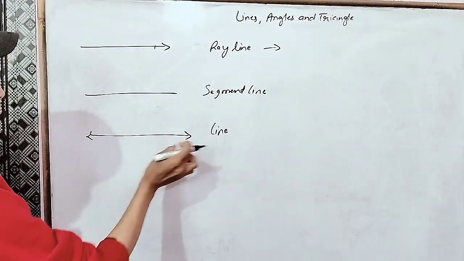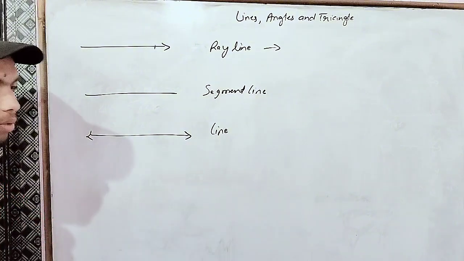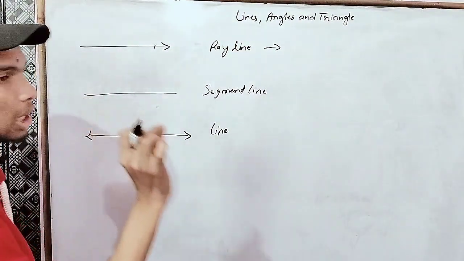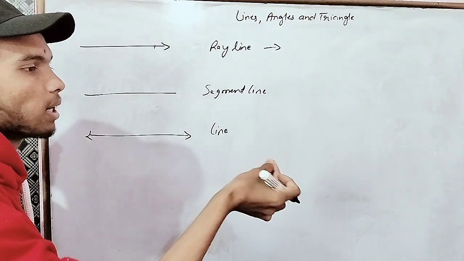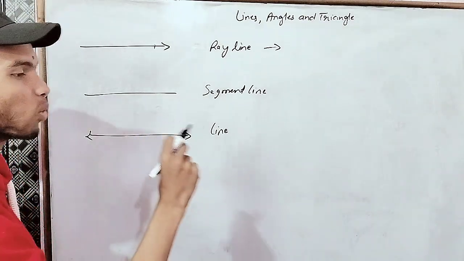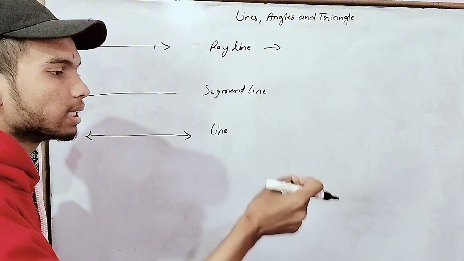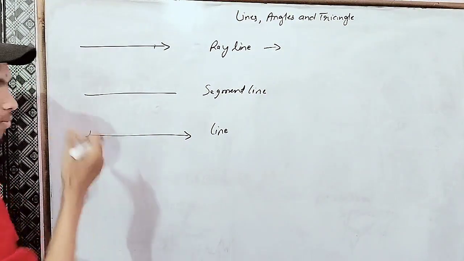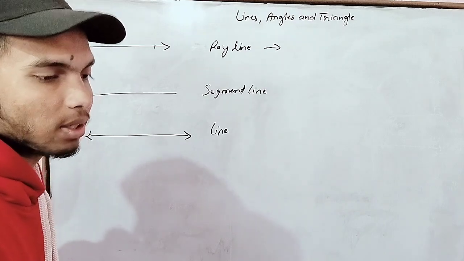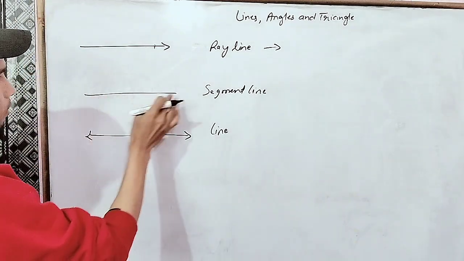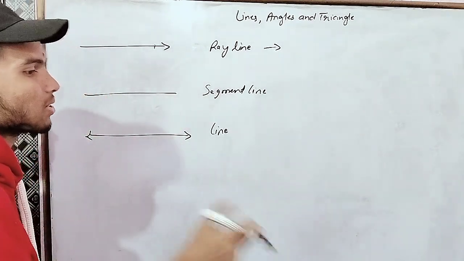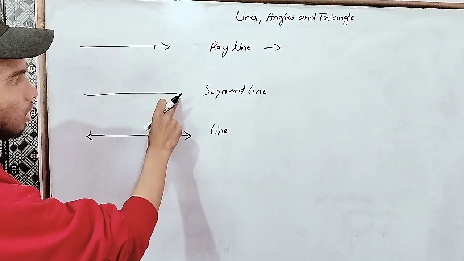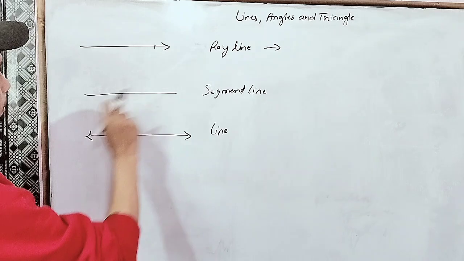Okay. First of all, remember that an arrow will indicate infinite distance, but without an arrow it will not define infinite direction. Without an arrow it will define an end journey. From here, this is the initial position, and from here, this is the end, the final. So this line started from here and ended till here.